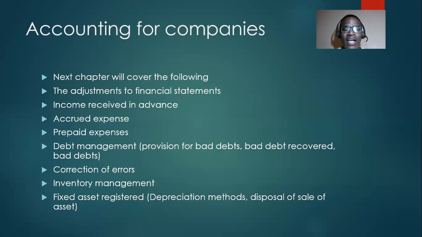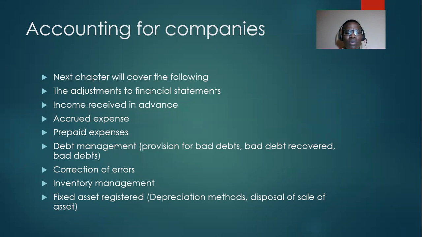Then we are coming to the end of our lecture. What we are going to learn in the next chapters is adjustment of financial statements, right? This includes your income received in advance, your accrued expenses, your prepaid expenses.